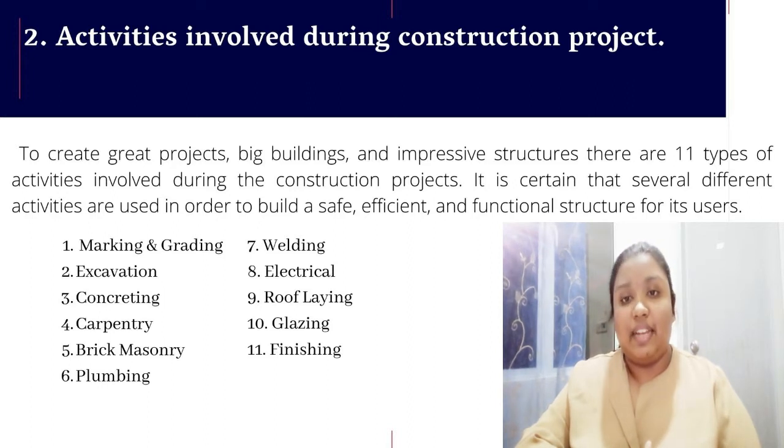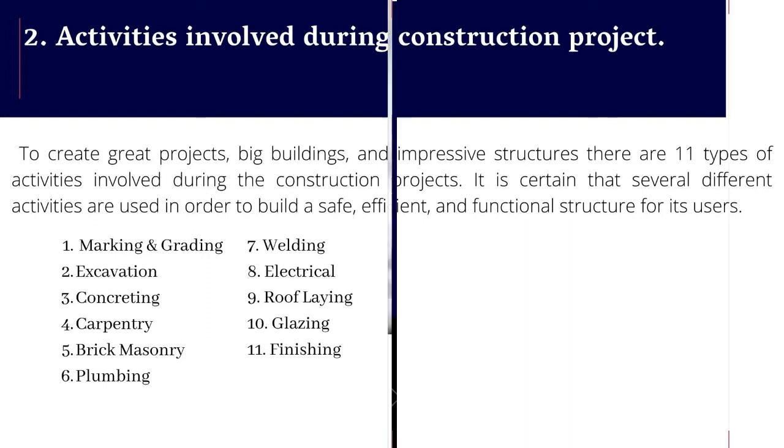So what are the 11 activities? The first one, marking and grading, excavation, concreting, carpentry, brick masonry, plumbing, welding, electrical, roof laying and glazing, and not forgetting the finishing. So, all these 11 activities, I'll be briefing about deeply in order for you to understand in the upcoming slide.